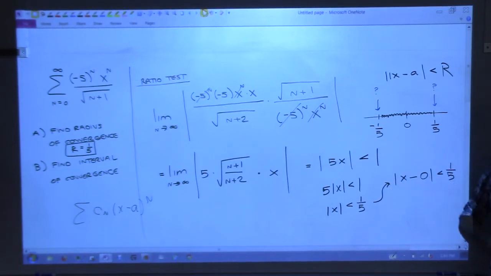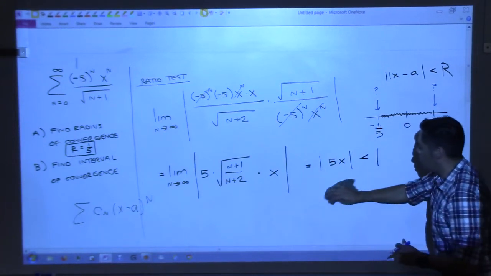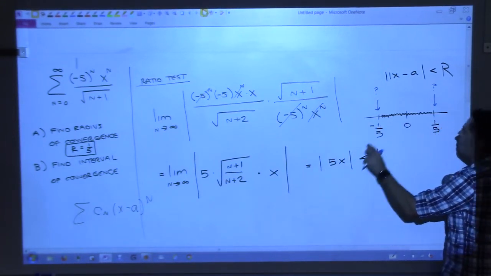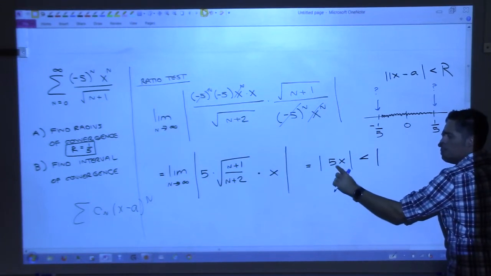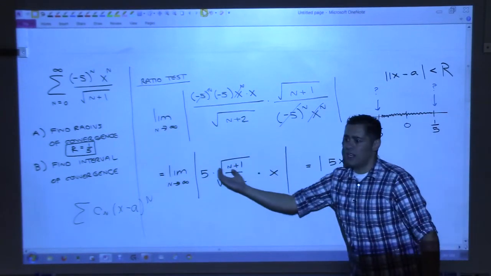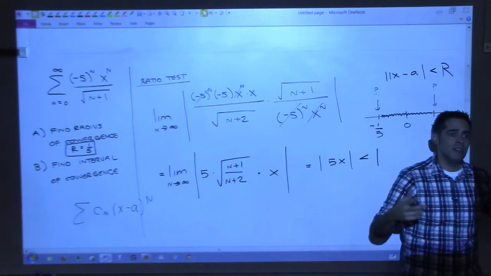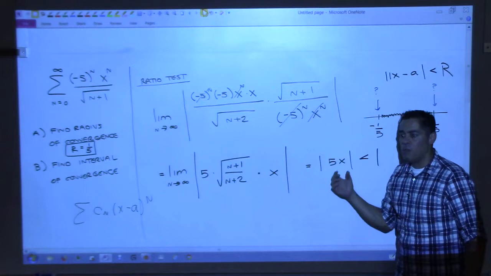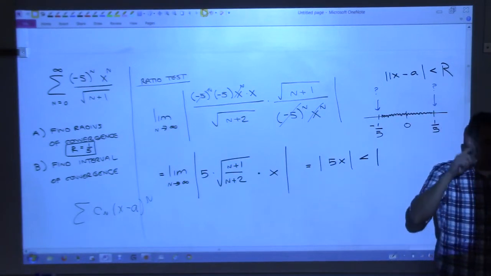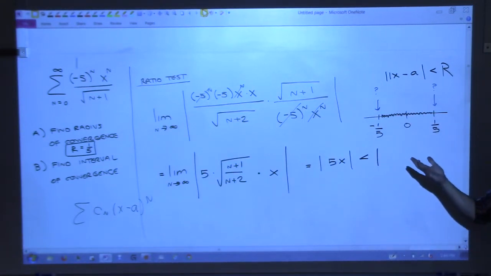That's what the question is asking, because you have to go back to the ratio test here. If x is 1/5, then what is this number here? 1. And so the ratio test would give us 1, and when that happens, it's inconclusive. If we put negative 1/5 in here and take the absolute value, we get 1 again. So those are the two points where we don't know.